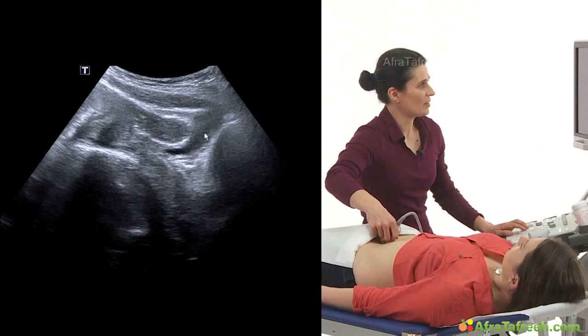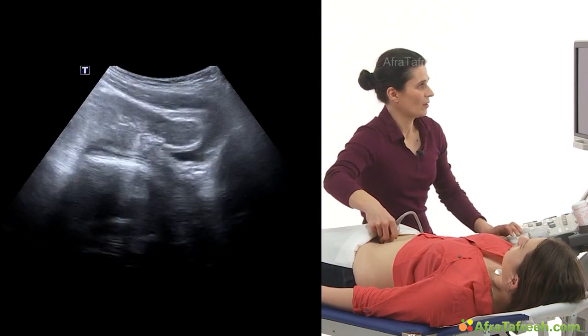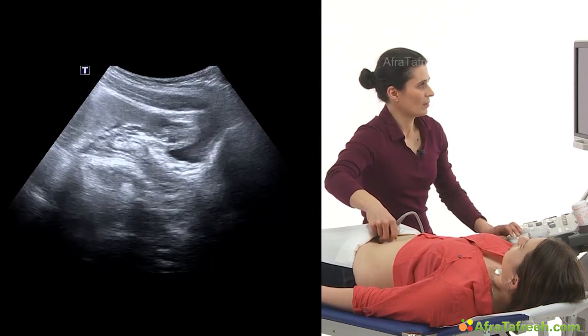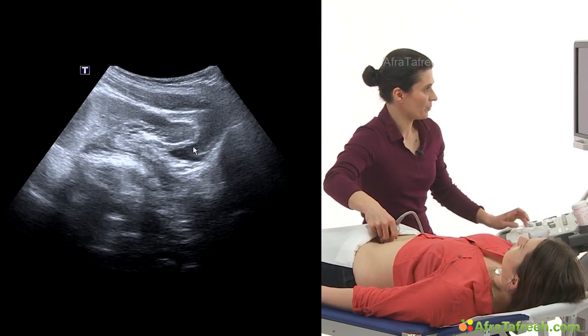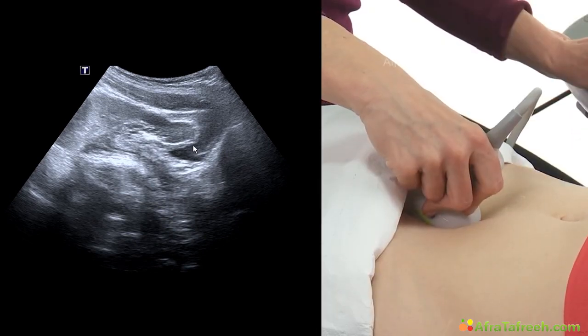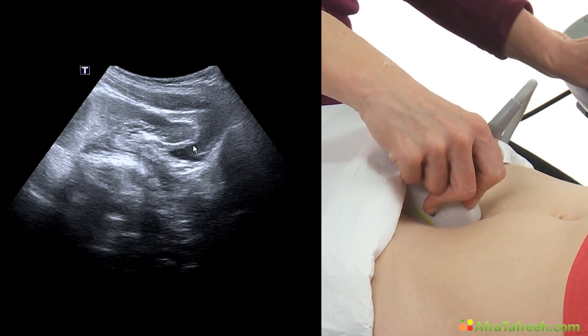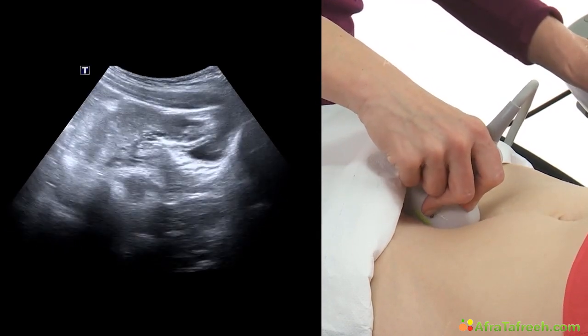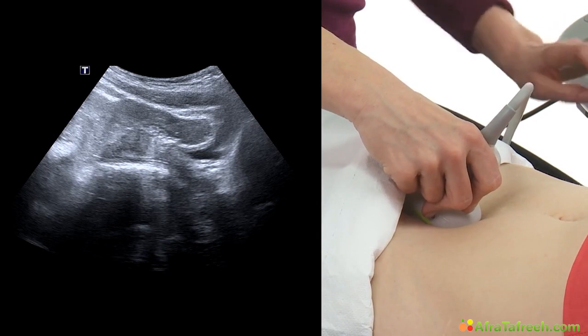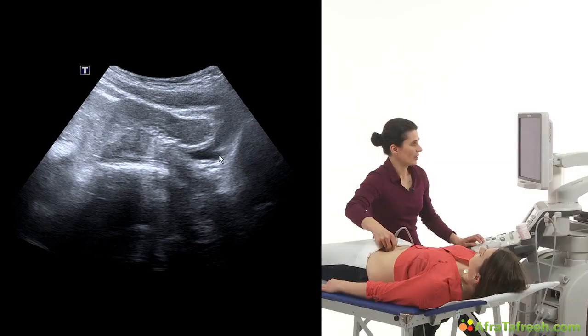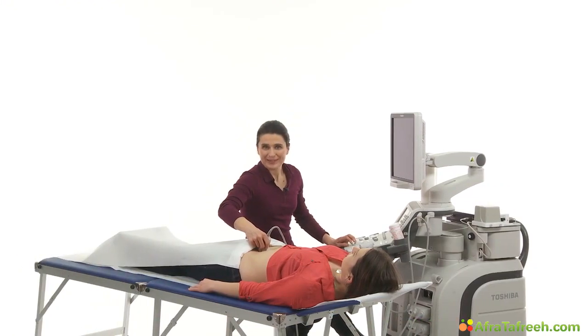But here we can see this small space over here, the border of the urinary bladder, and here the content of it, the fluid. It's better seen over here now. What I did now is that I was tilting the transducer, sweeping it to the left and to the right a little bit. Here again, an empty urinary bladder in a longitudinal plane.